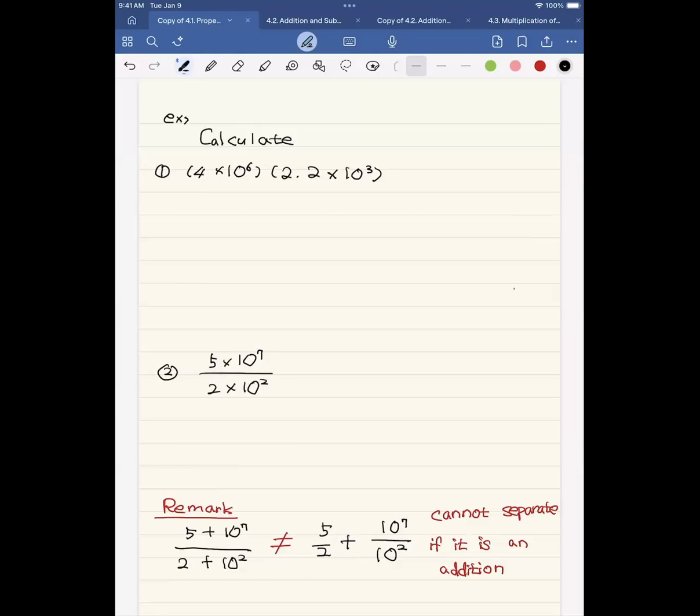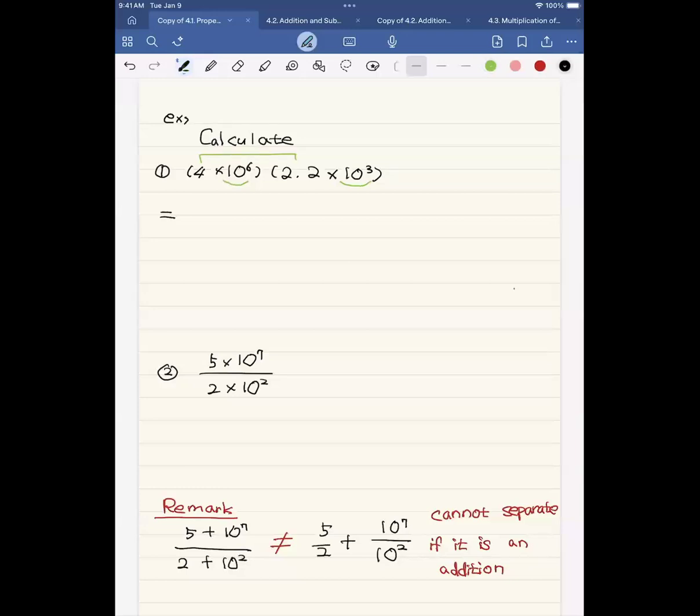This time we want to calculate the multiplication of scientific notations. What we have to do is calculate the 10 to something part together and the number part together.